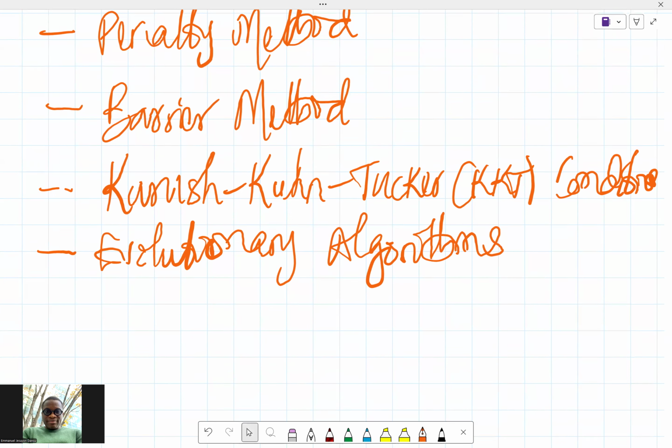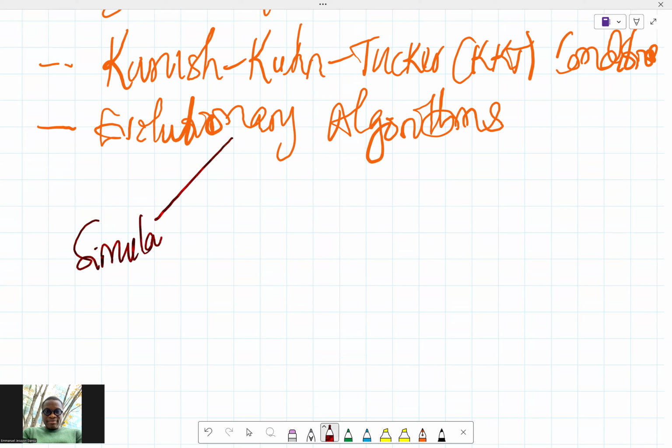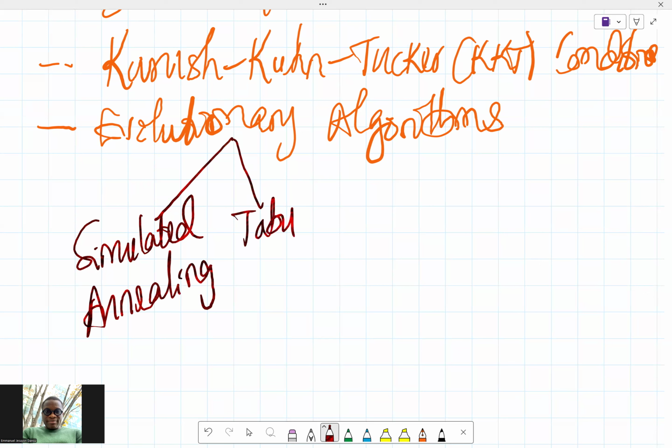These are different algorithms that borrow leaf from biology, metallurgy, and all of that. On here we have seen first of all simulated annealing, which copies cooling in metallurgy. Then we saw taboo search, which makes a list of possible solutions and eliminates them as better solutions are obtained.